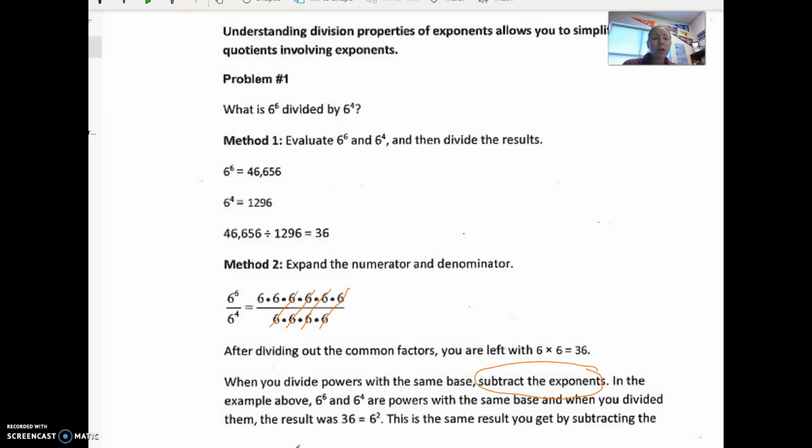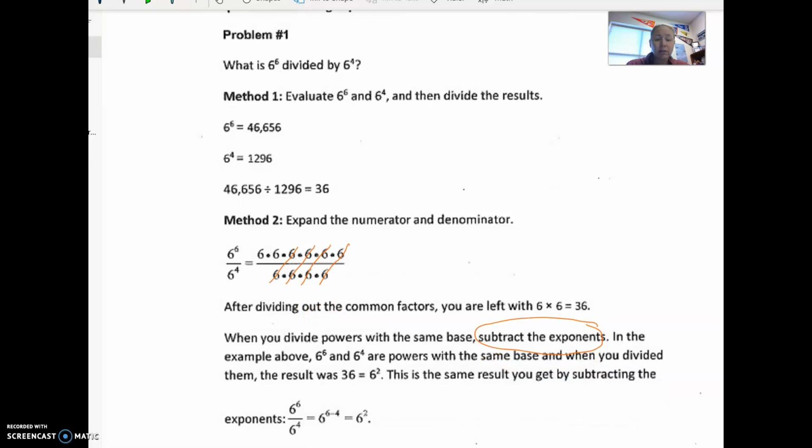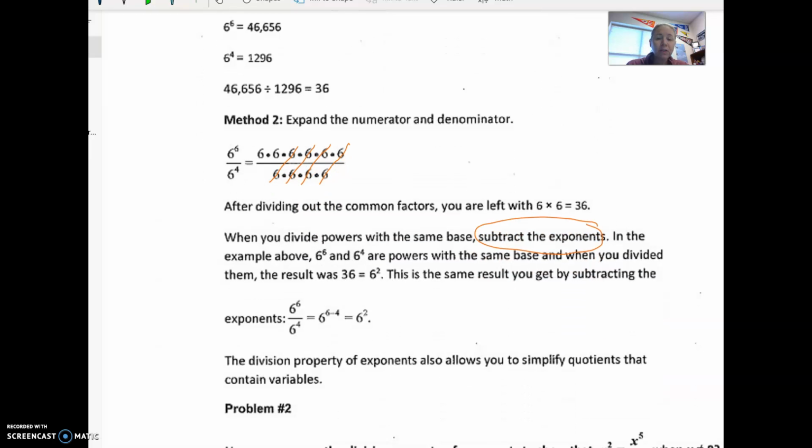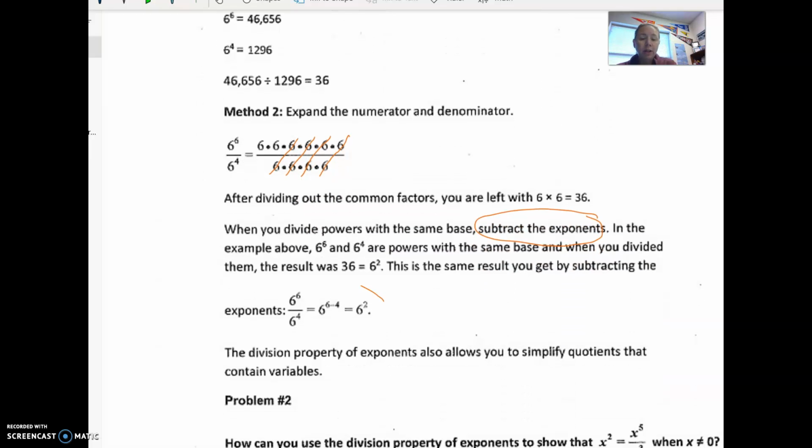So it's a shortcut way to do division problems with exponents, okay? We would just subtract the exponents to get 6 squared, which would give us 36.